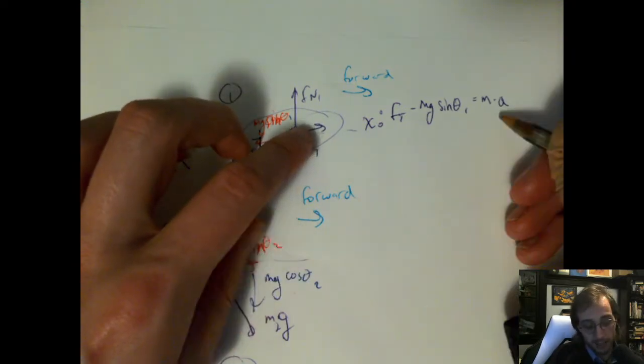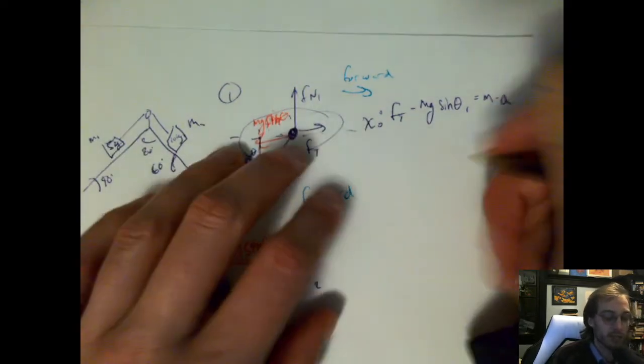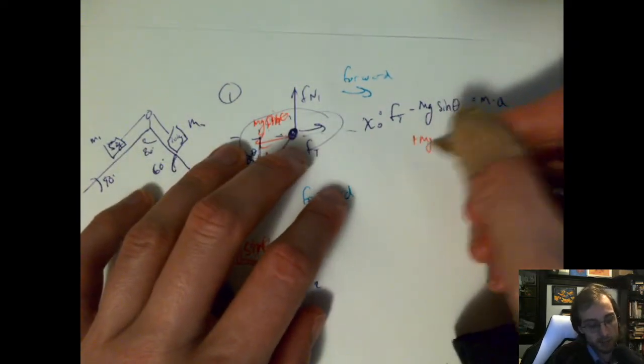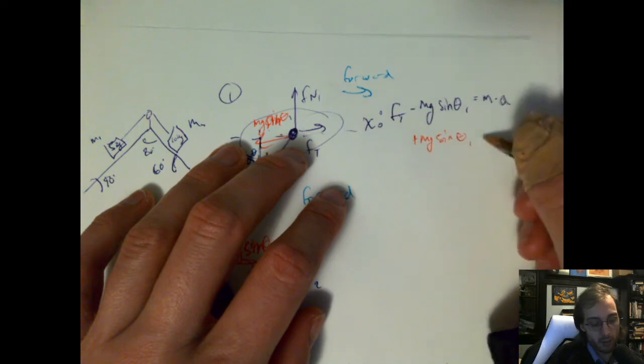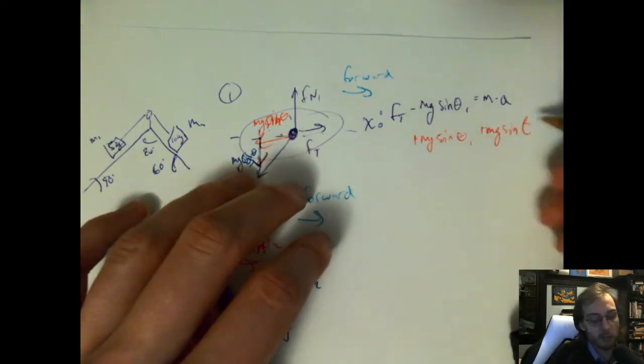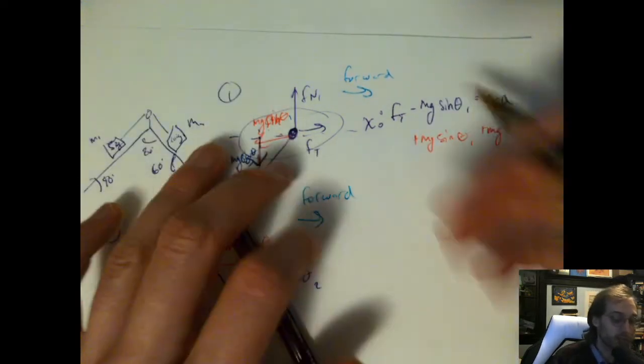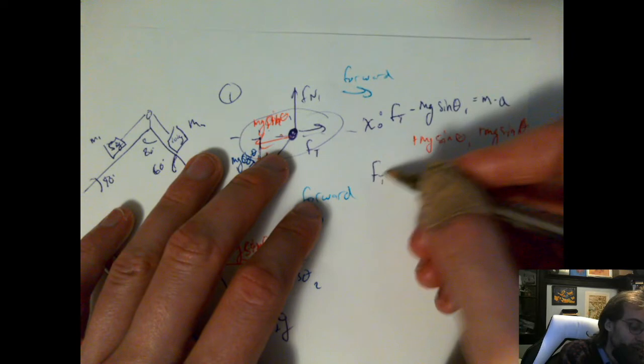And at this point, my only variable here is ft. So if I add mg sine theta 1 to both sides, I'm done. This way I don't have to worry about which ones are plus and which are minus when doing my system, which can sometimes get pretty cumbersome.